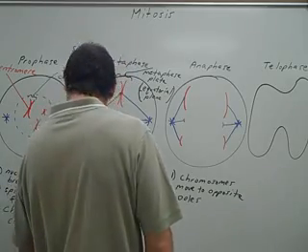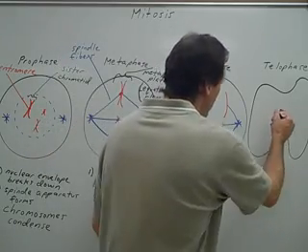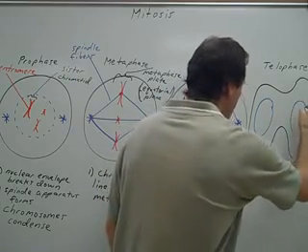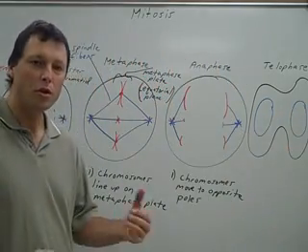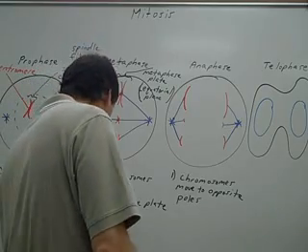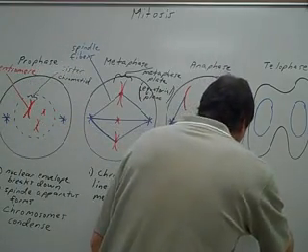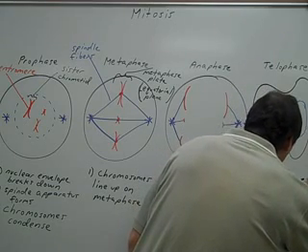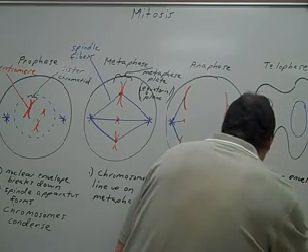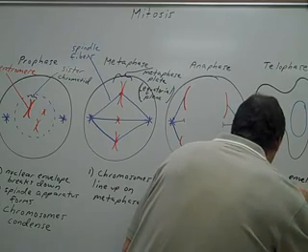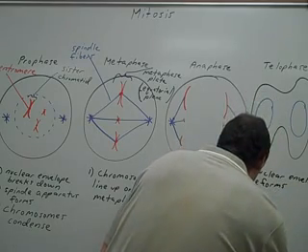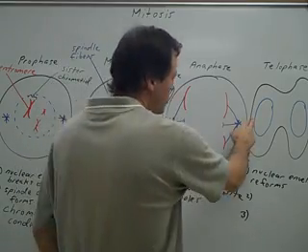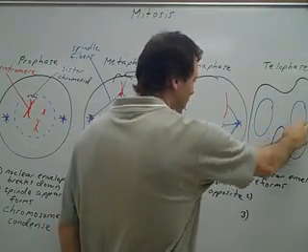Now what I'm going to draw here is a circle. And this circle represents the nuclear envelope. The nuclear envelope is reformed. The next thing, which you don't see, is that there's no spindle apparatus.